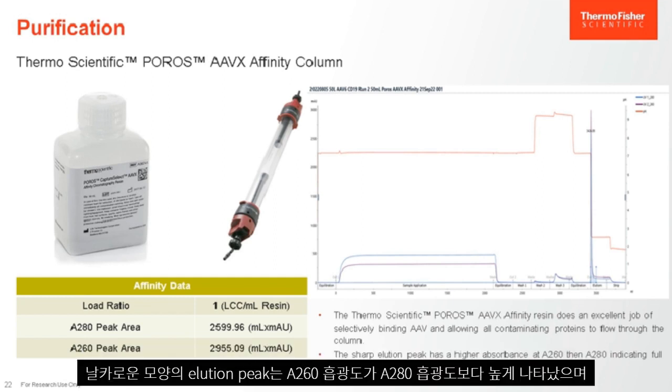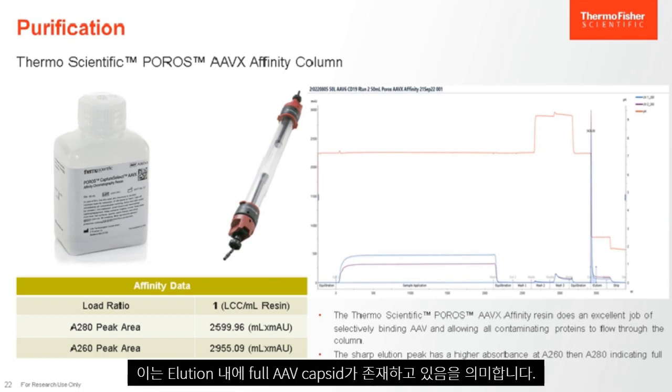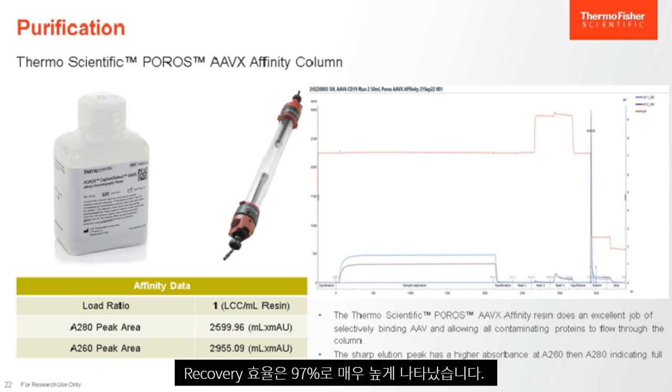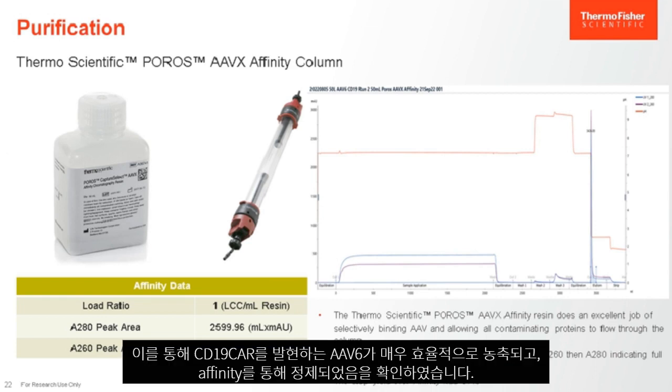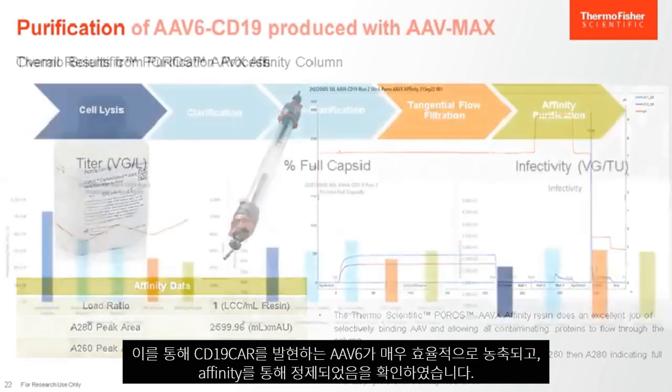And that sharp elution peak that you see towards the right with a higher absorbance at A260 than A280 indicates that certainly we have full capsids present within the elution. And here the step yield was really excellent at 97% recovery. So we're getting very efficient clarification, concentration, and finally affinity purification of our AAV6 CD19 CAR construct.